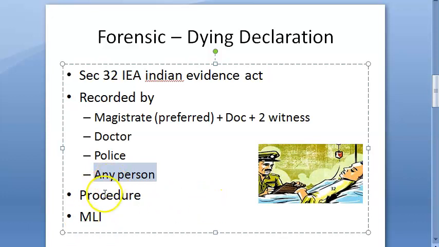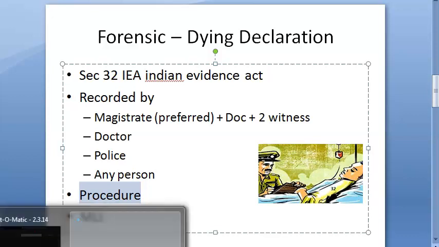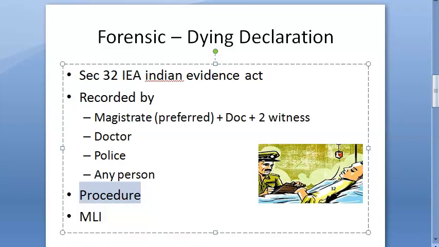Now, let us see the procedure, guys. Preferably, a dying declaration should be recorded by a magistrate in the presence of a doctor and 2 other witnesses. That is the best. The doctor should certify that the person is conscious, his mental faculties are normal, and he is mentally sound.